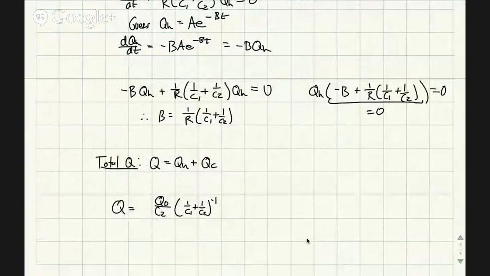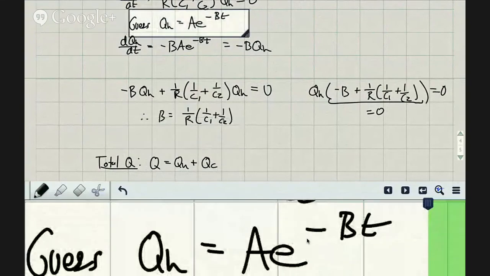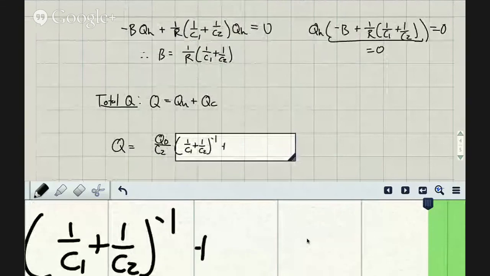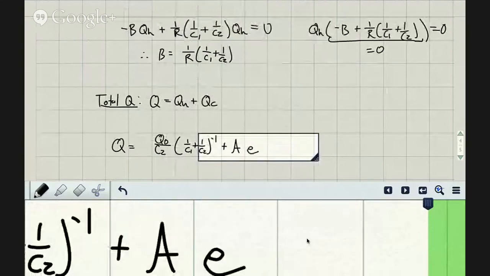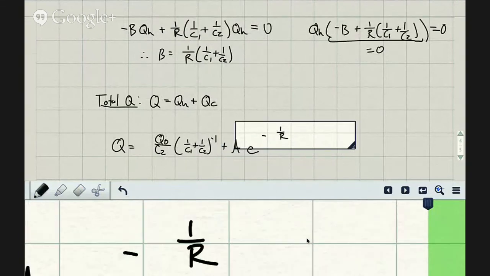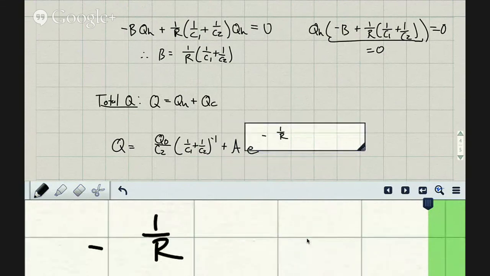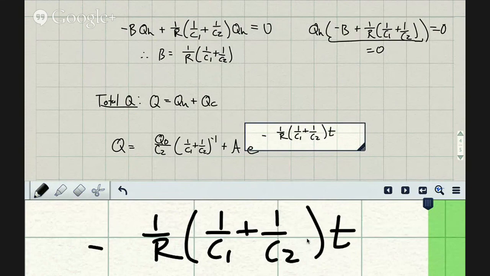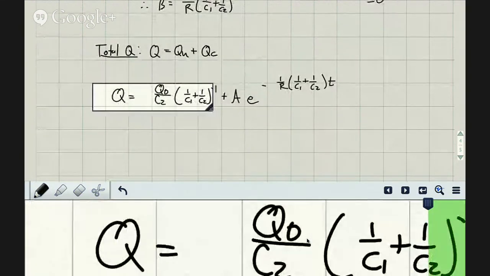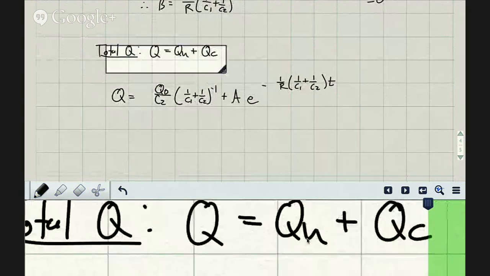And then we add that to our homogeneous solution, which is A e to the minus BT, where B is equal to this. So plus A e to the minus BT, where B is 1 over R times 1 over C1 plus 1 over C2, times T. Okay. Awesome. And this is Q1 rather.